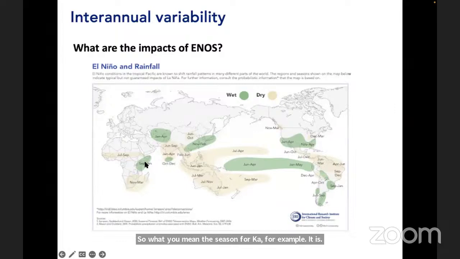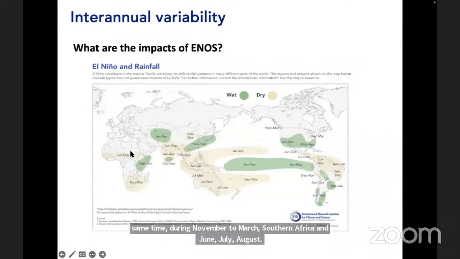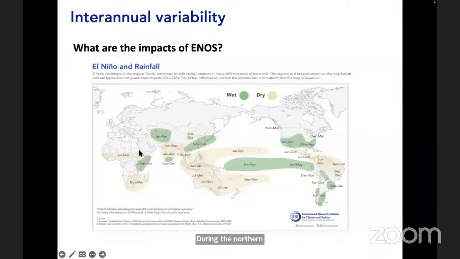That's why, like I said, the 1997 El Nino was very wet. But at the same time, during November to March in Southern Africa, and June, July, August, during the northern rainy season from West Africa to Ethiopia, El Nino is very bad.